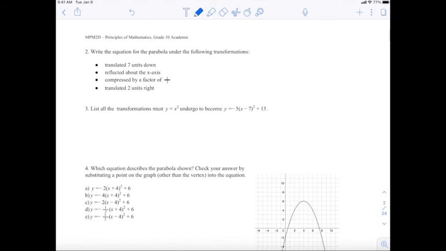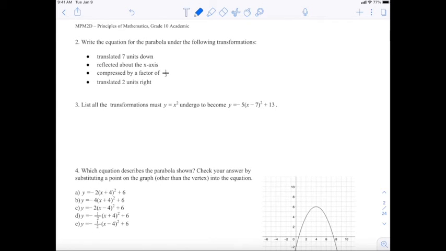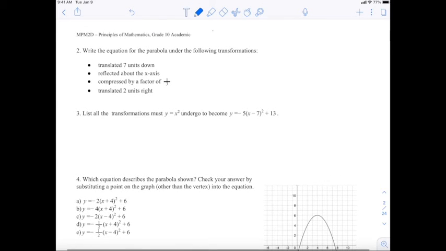Okay, so now I'm getting into questions that are going to force you to get to know y equals a(x minus h) squared plus k a little bit better, okay? So I've given you some features of a parabola, and I want you to put them together to tell me what the equation of that parabola is.